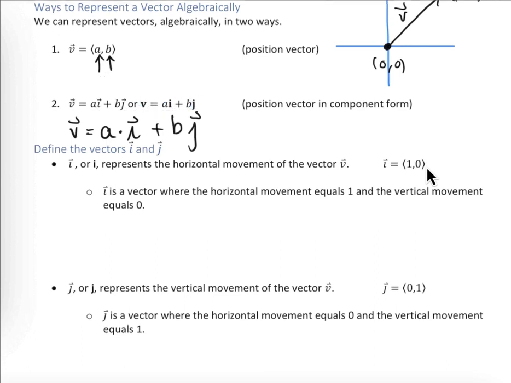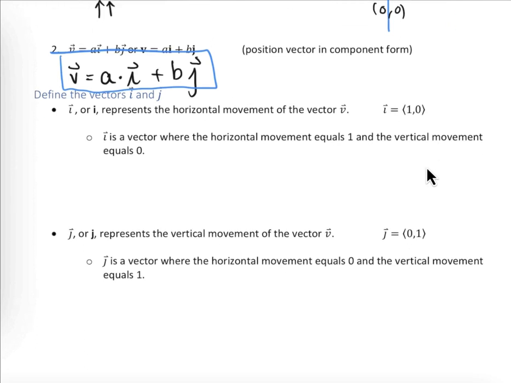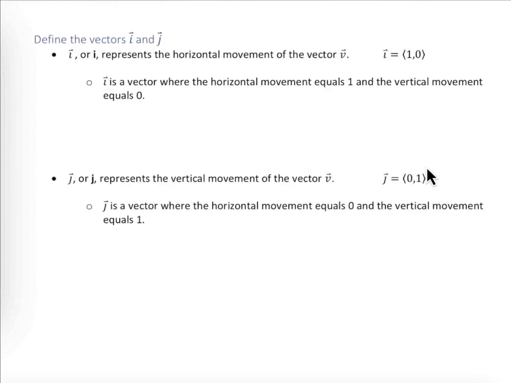So let's talk about what the heck these i and j vectors are. So vector i is a unit vector, so its magnitude is going to be 1. So it's 1 unit long, and its direction is specifically in the same direction as the positive x-axis.